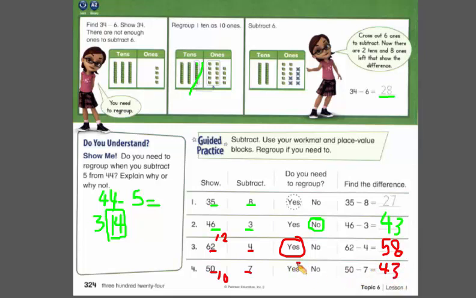Why did you do regrouping? Because 0 is lesser than 7, so you can't subtract 7 ones from 0 ones. You can't. Okay? So again, why do you sometimes need to regroup in subtraction?